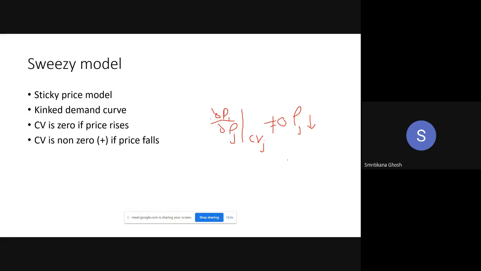But if P_j is rising, that means the particular firm is raising the price of its commodity. So actually he is making his own loss. If in a competitive market you are trying to increase the price of your commodity, you are going to lose the share of your market. So in that case, other firms will not increase the price of their commodity because it's a price competition.